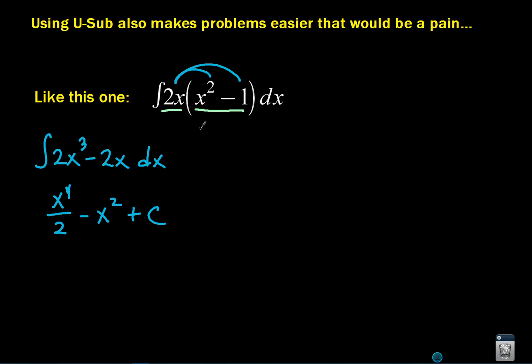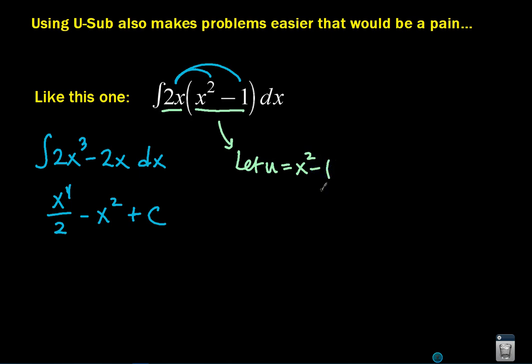Well, coincidentally, the derivative of that is right here. Now, if I were to reverse that and try to take the derivative of 2x, that would be just a 2, and that's not located anywhere nearby. So because coincidentally I have the derivative of this expression right here, I'm going to say that this expression is my u. I'm going to say let u equals x squared minus 1.